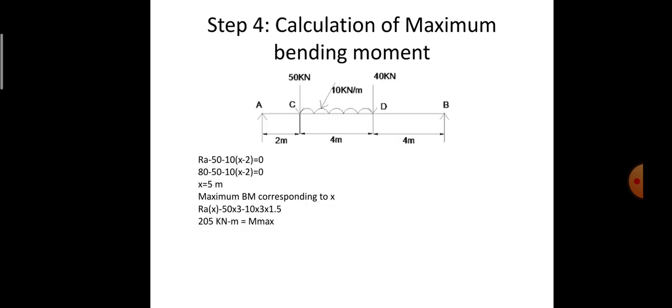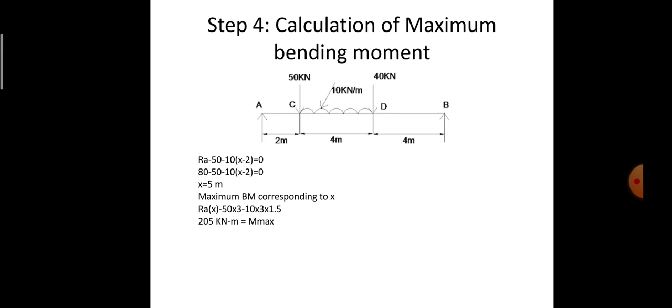So next, as I told, it is RA minus 50 minus 10 into x minus 2. So after solving all this, I have got x is equal to 5.